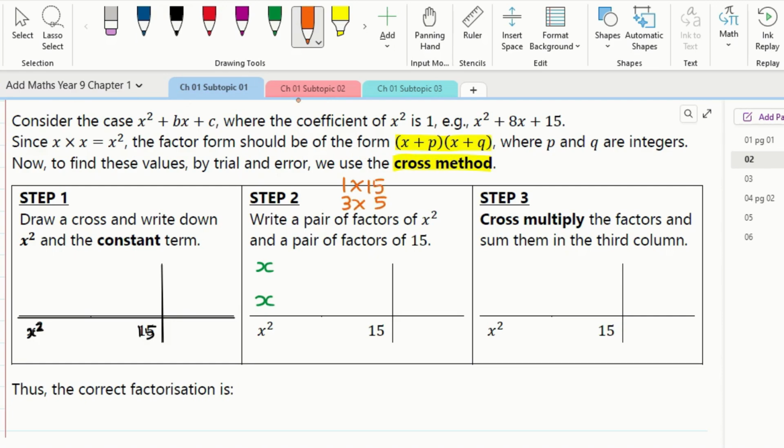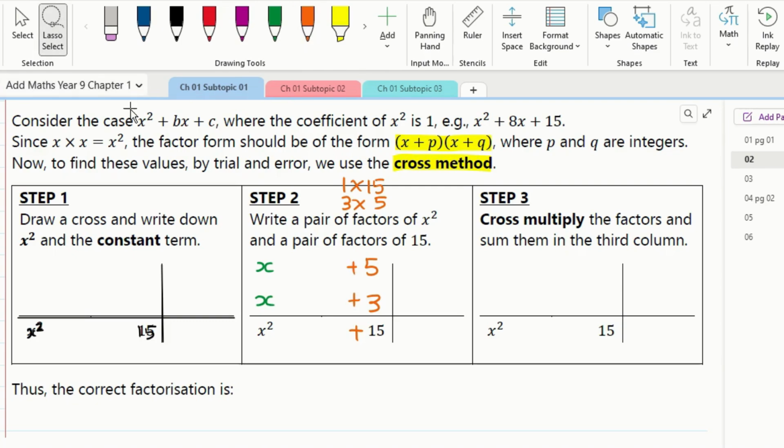So over here, to get the correct one, let's put in 5 and 3. 5 and 3 multiplied together give 15. Since 15 is a positive number, we also need to include the signs for the numbers 5 and 3. So let's put in positive 5 and positive 3.